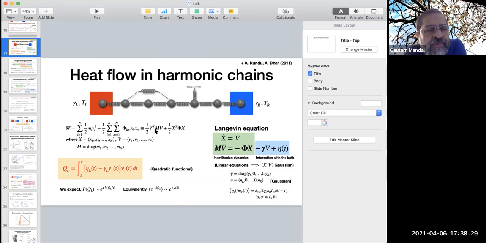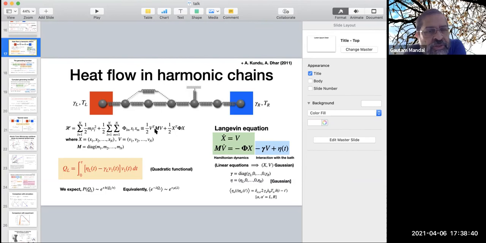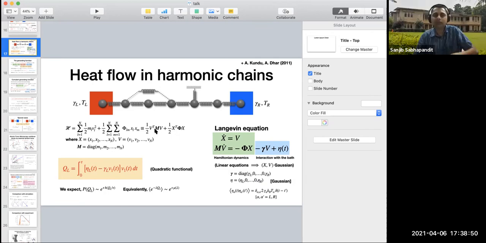Okay. If you don't have nearest neighbor coupling, then the dimensionality of the chain need not be one, right? It could be a two-dimensional object with one end tied to a hot something, and some other corner tied to a cold something. What we look at is that the end is always a single particle in this case.